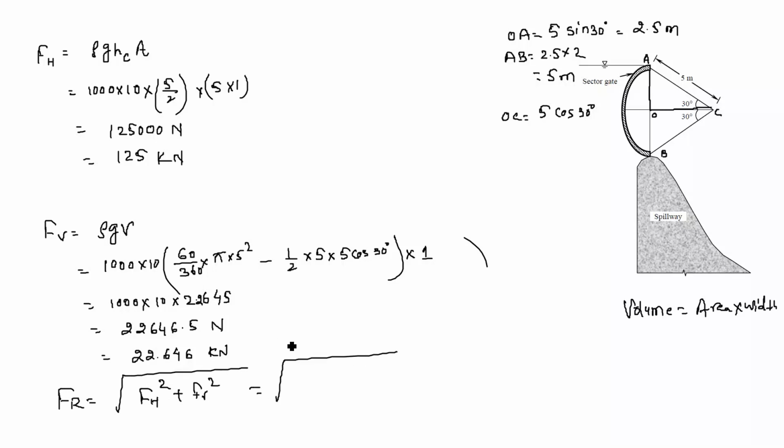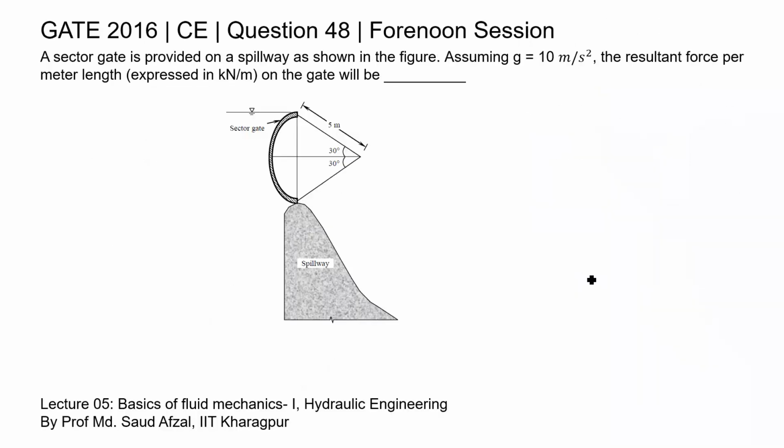Fh square is 125 square plus the vertical force 22.646 square. This will give 127 kilonewton. So we got the resultant force on this sector gate as 127 kilonewton, and the resultant force per meter length on this gate will be 127 kilonewton per meter. So 127 will be the correct answer for this question.